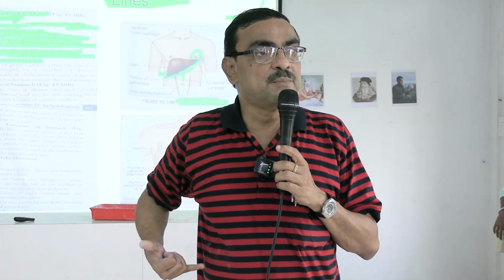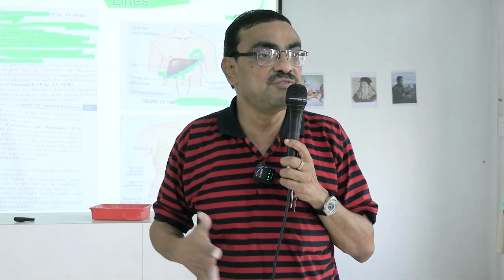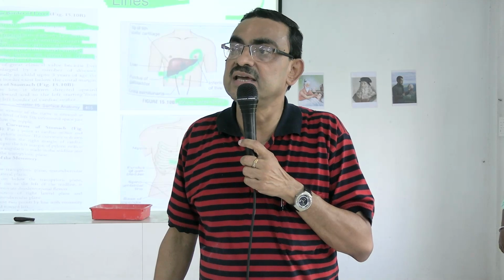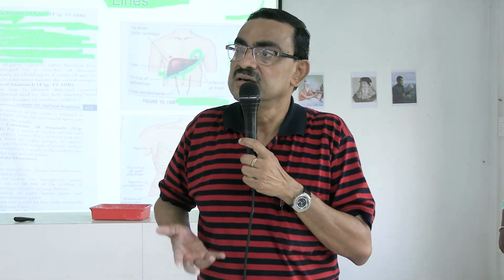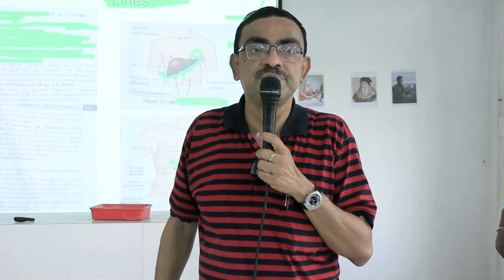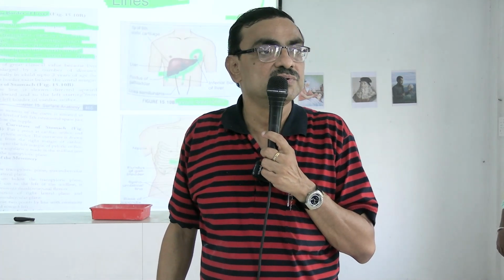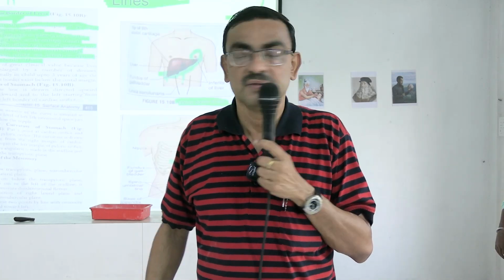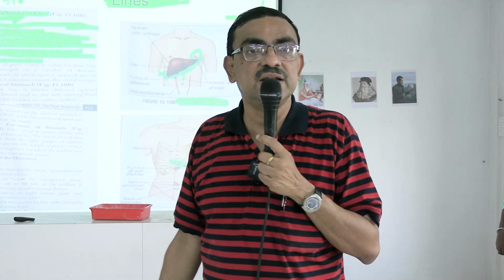Palpated means I can feel the lower border, in a normal child below the age of 3 years, beyond which it will go inside the thoracic cage. So we cannot feel it. But in case of hepatomegaly, we can feel the lower border of the liver. So this is the lower border of the liver.